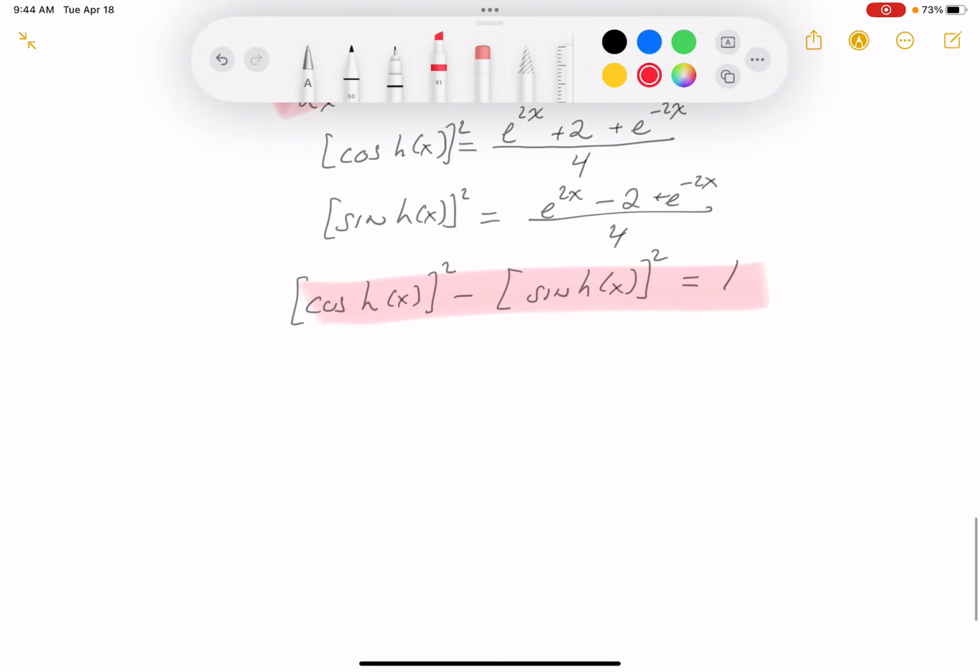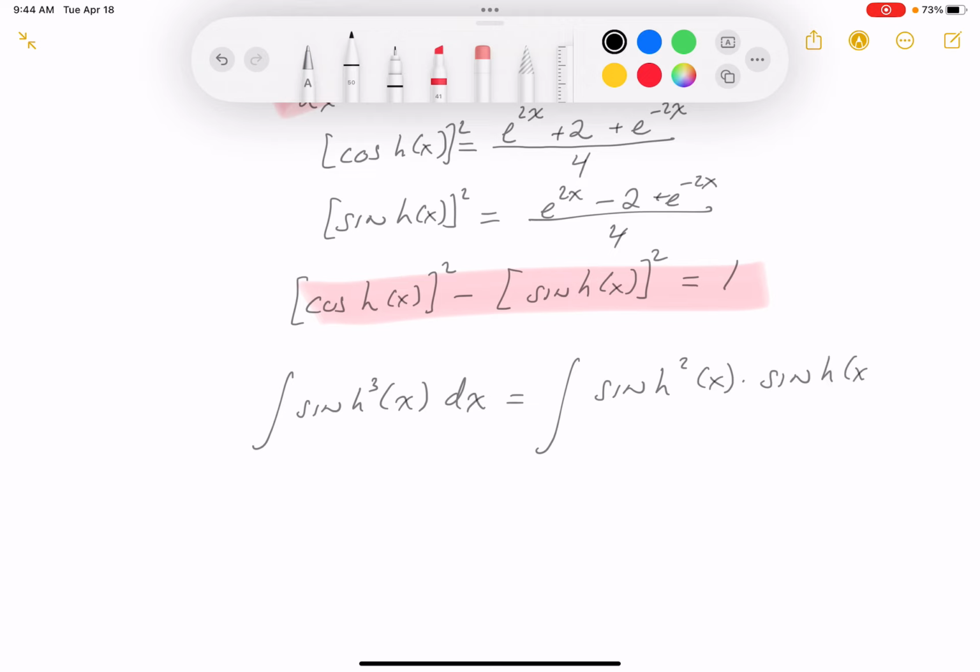All right, so hyperbolic sine cubed. Write this over here. Well, this reminds me of things we've done with trig before, the sine squared. I'm sorry, hyperbolic sine, I keep saying that. Okay, that's done. And then I'm looking at that, and what do I notice about it?